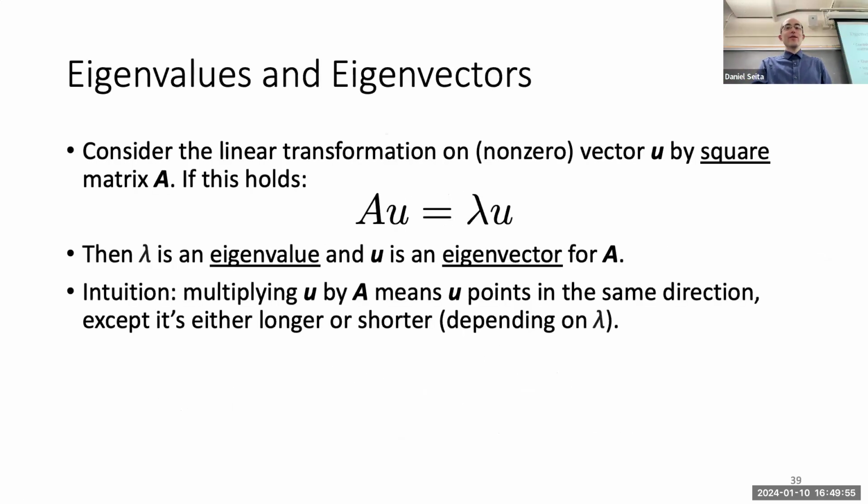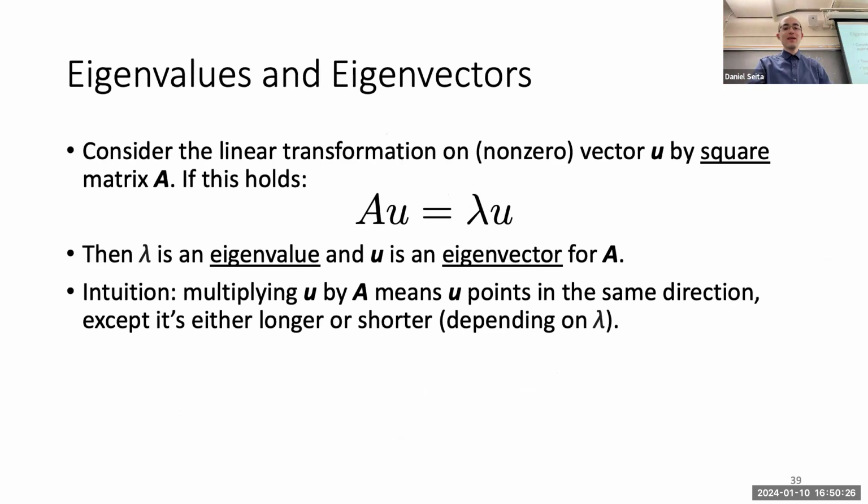All right, eigenvalue, then eigenvector. So u is some vector, A is some square matrix. If A times u is equal to lambda times u for a scalar lambda, then lambda is an eigenvalue and u is an eigenvector.